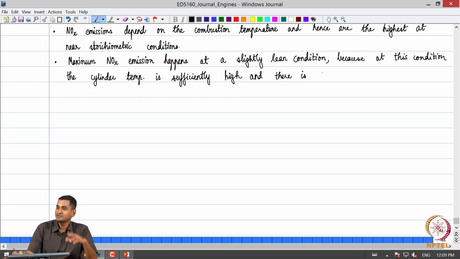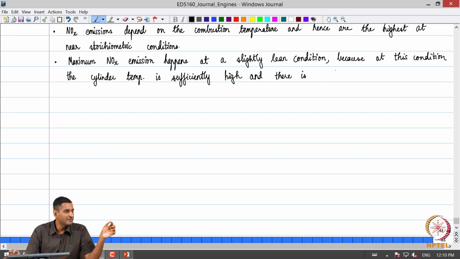See, we need oxygen to react with nitrogen, right. So, if you have exactly stoichiometric, there is only enough oxygen to react with the hydrocarbon and oxidize them, right. So, there will not be any oxygen left if the fuel air ratio is exactly stoichiometric.